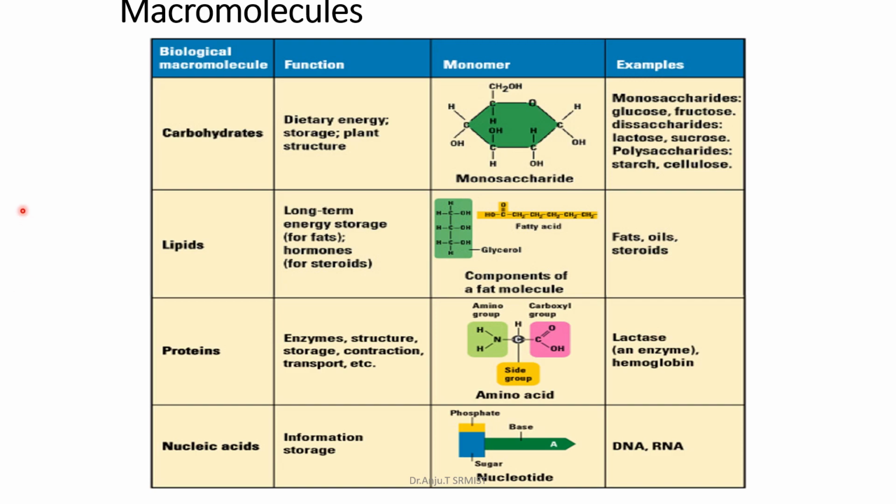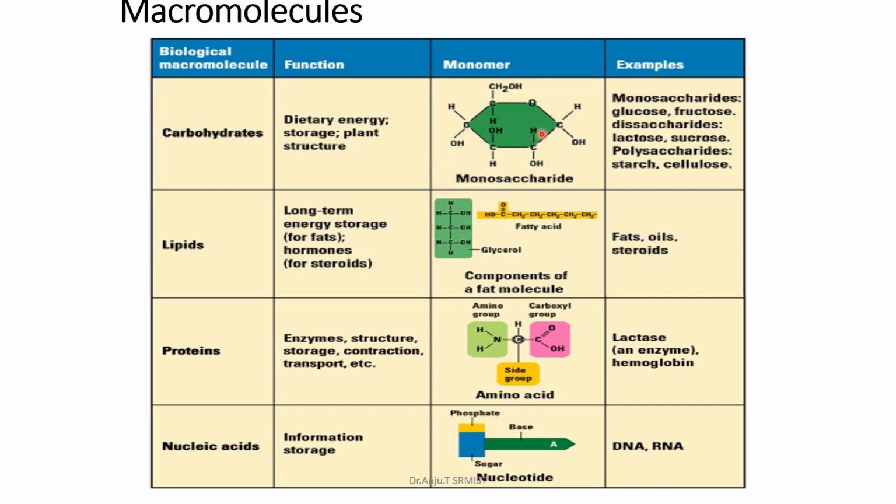To summarize the macromolecules, we have 4 major macromolecules in living organisms: carbohydrates, lipids, proteins and nucleic acids. The functions of carbohydrates: they are energy molecules and they also act as structural molecules in a few organisms. The monomeric unit of carbohydrates is the sugar molecule.